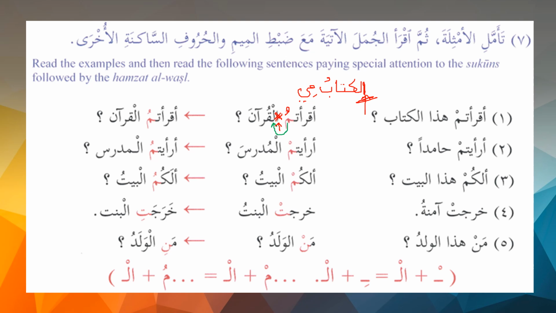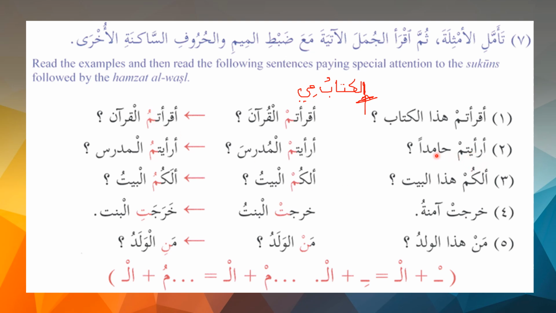So this is the rule for hamzatul wasl, and when it comes in between, it gets cancelled. So this is my second point. How are you going to read? You are going to read as Aqra'tumul Qur'an. So there should be a continuation. That's what is explained here. Aqra'tumul Qur'ana. The first sukoon is removed. The dhamma has been given.